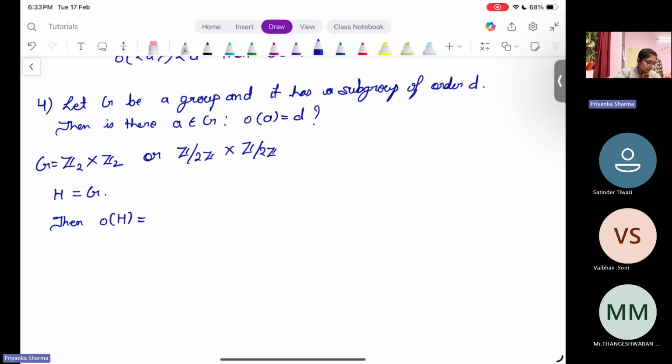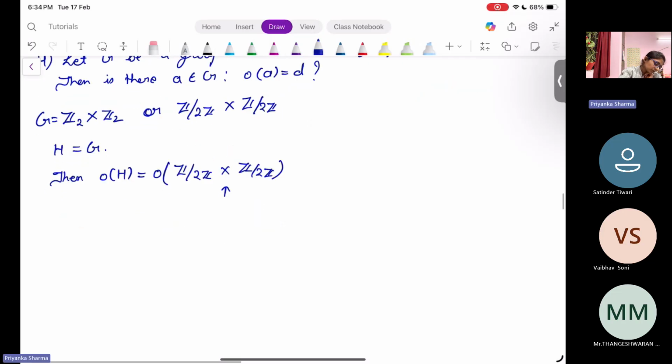How many elements are there in Z over 2Z cross Z over 2Z? This is actually the collection of (A, B) such that A and B are coming from Z over 2Z. Right.